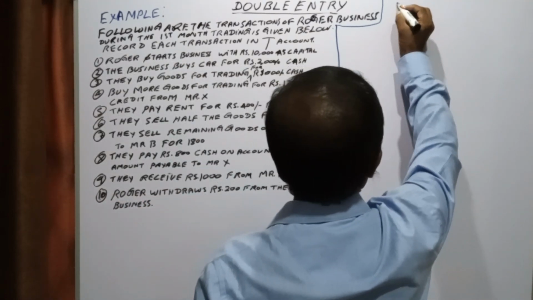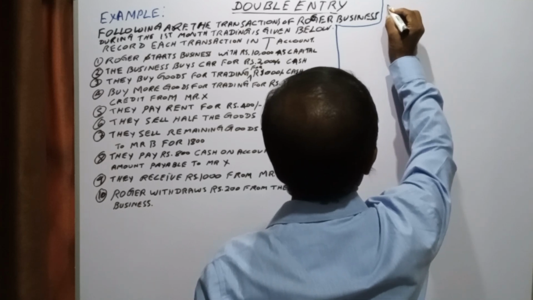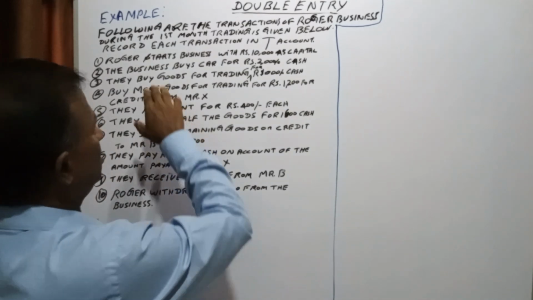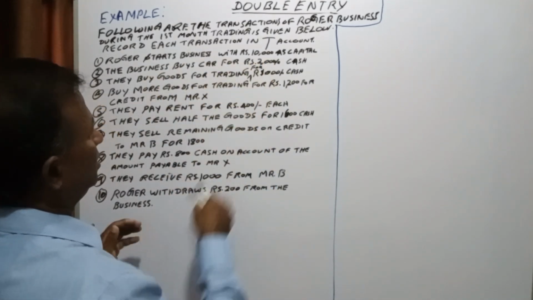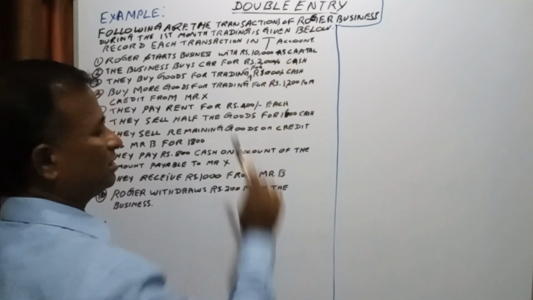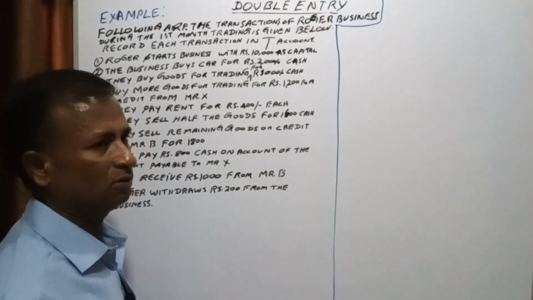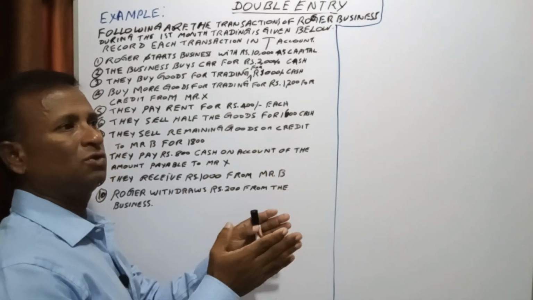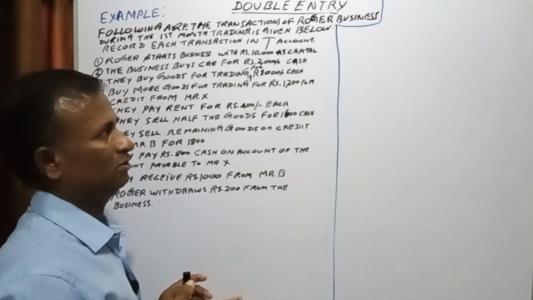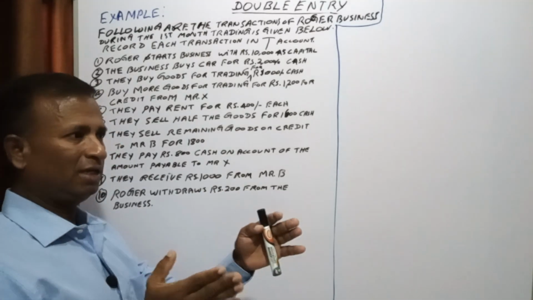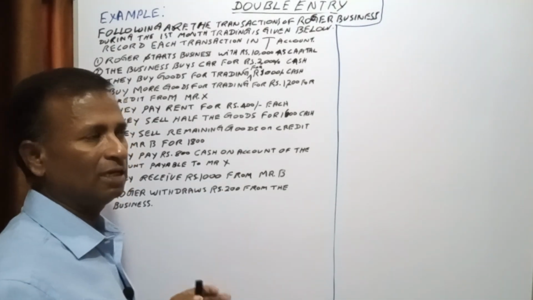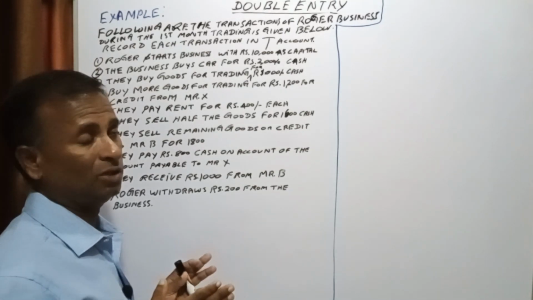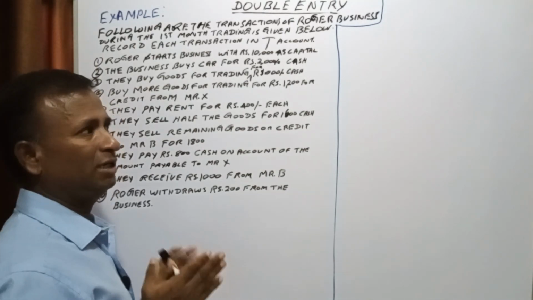First of all, we see Roger starts business with 10,000 as capital. Roger is bringing his capital to the business. If he is bringing the capital inside, in the sense, capital, equity, always has a credit balance.